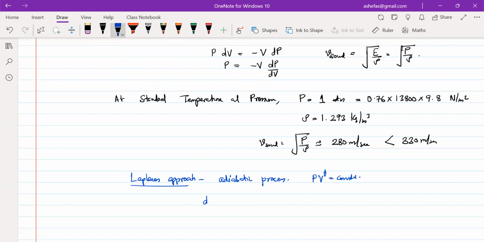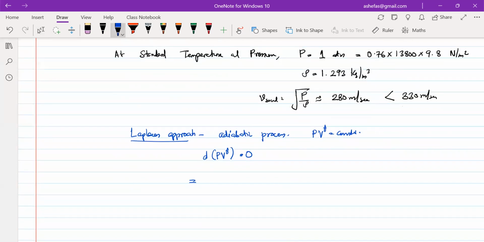Again, the differential of PV raised to gamma would be 0. So this implies that gamma times P is equal to minus V dP by dV. Let me show the steps.